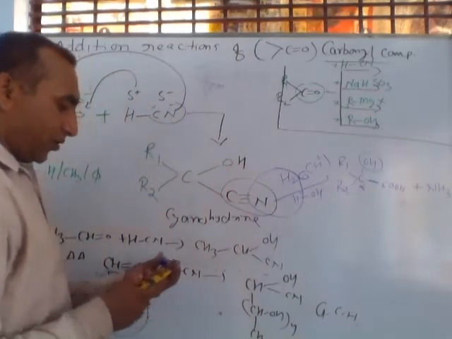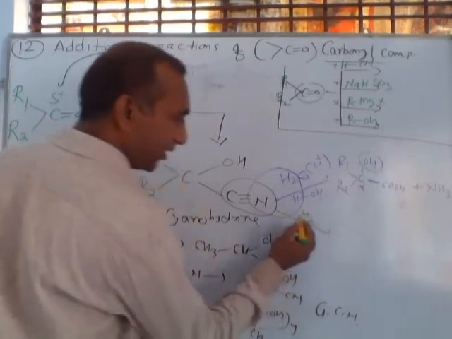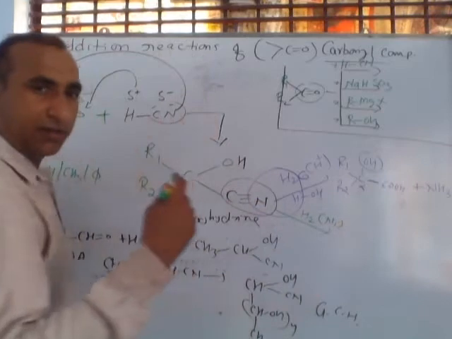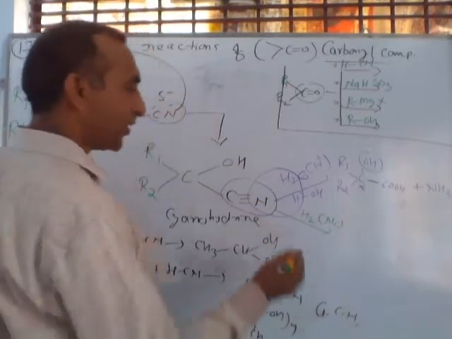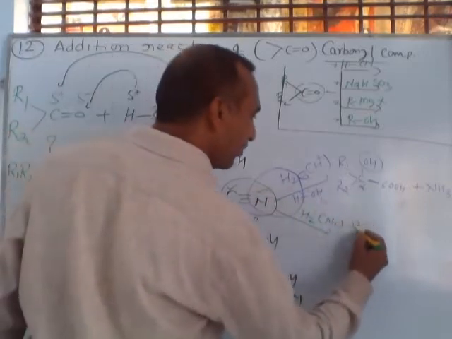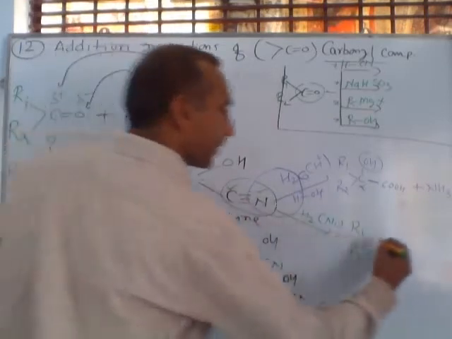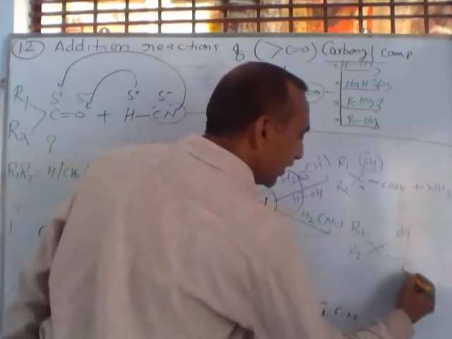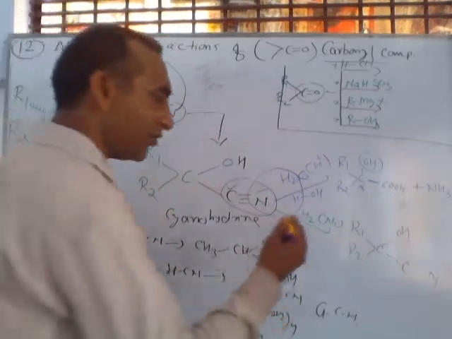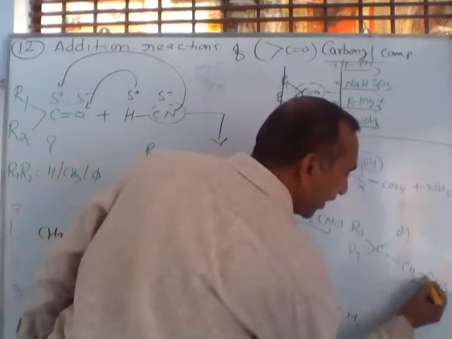If we reduce, meaning we react with hydrogen in the presence of a metal such as palladium or nickel, then hydrogen will add here and here. This type of product will form: R1, R2, C, OH, here C and NH2. The valency of carbon is complete, and the valency of hydrogen and nitrogen is complete.